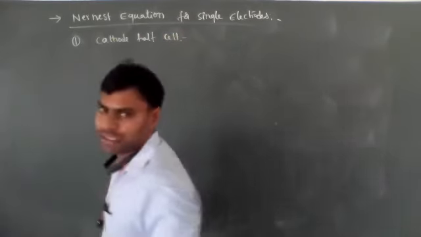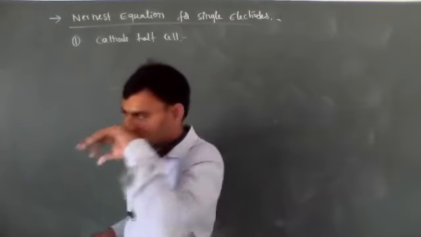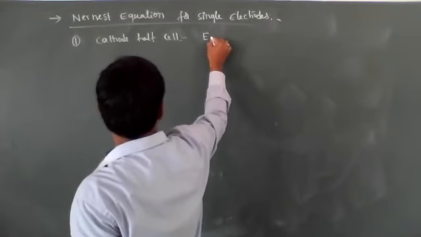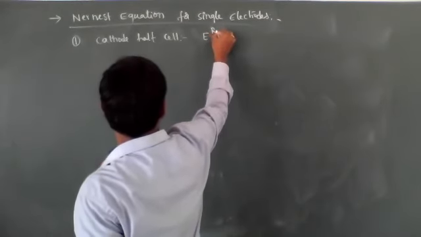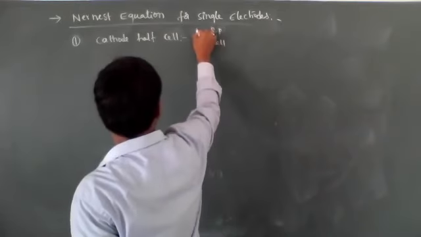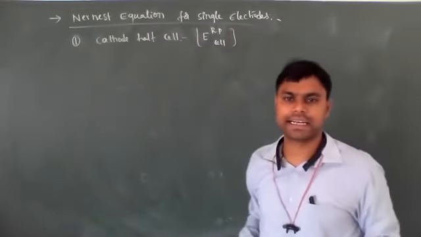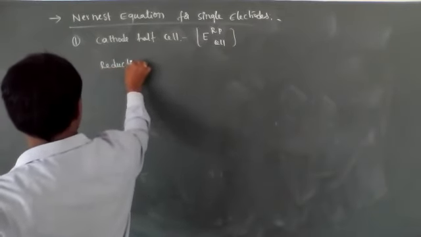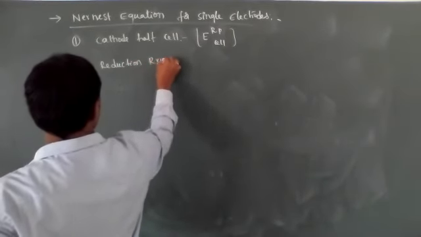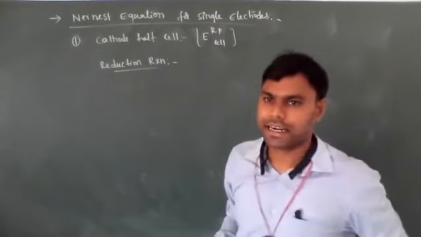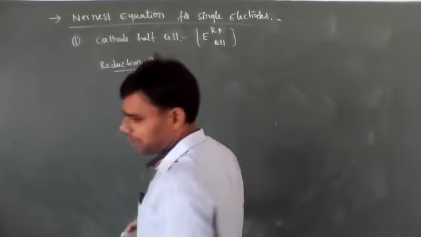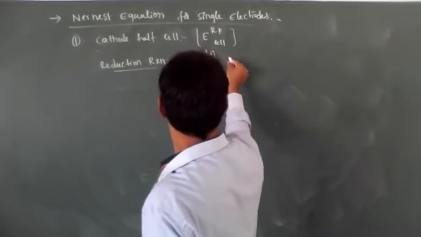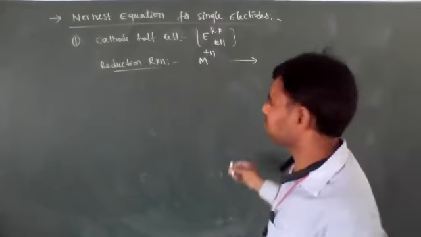At the cathode, generally, reduction takes place. It is nothing but the reduction potential. For the cathode, reduction takes place, so reduction potential. Then the reduction reaction is what? Metal ions are converted into metals.